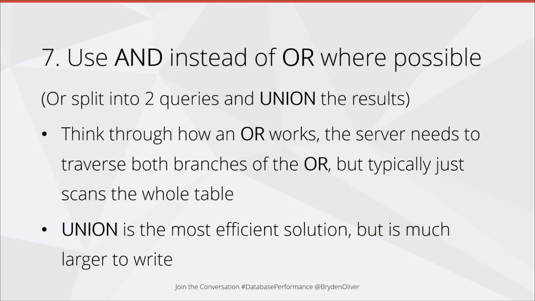Okay, now here's the first one that developers really struggle to understand. When you write code as a developer, if you use an AND or an OR, it's pretty much the same efficiency, isn't it? There's not a noticeable difference.